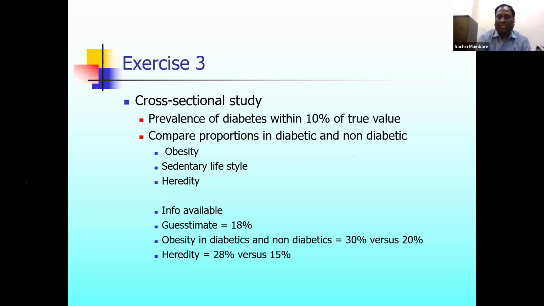So for 1,000 people, you will get 180 diabetics. You want 291 diabetics. So it must be more than 1,000. Just I will calculate.